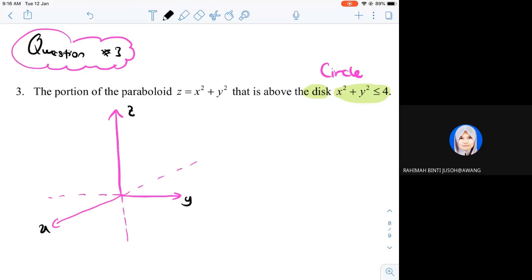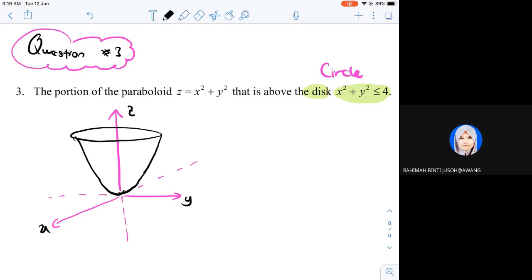Okay, very good. So dia akan ke atas lah. Okay, mangkuk tom yum yang menghadap ke atas ni. Dia tak begitu curve. Saya nak curve bulat sikit. Macam tu. Okay. This paraboloid above the disk.